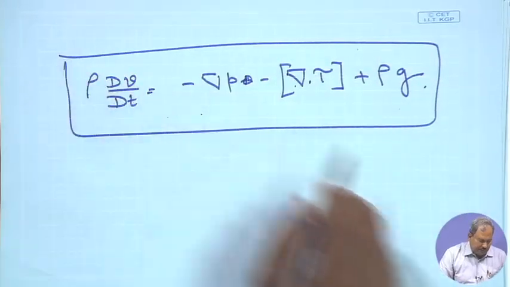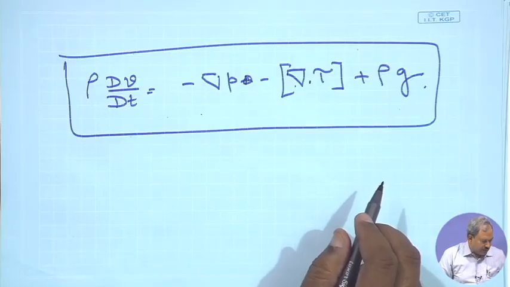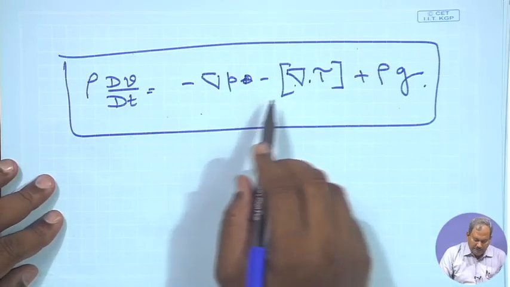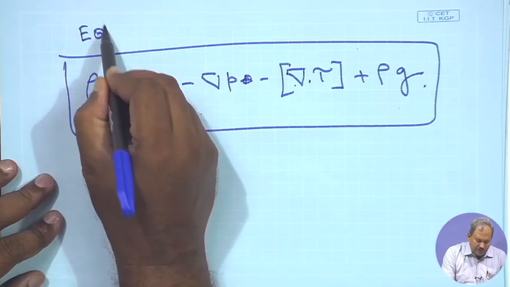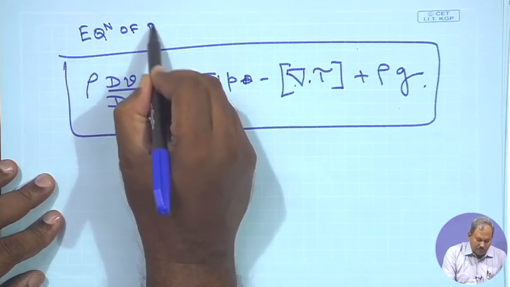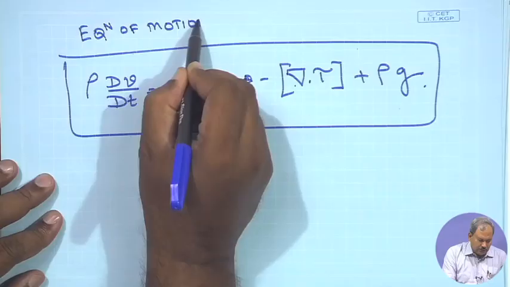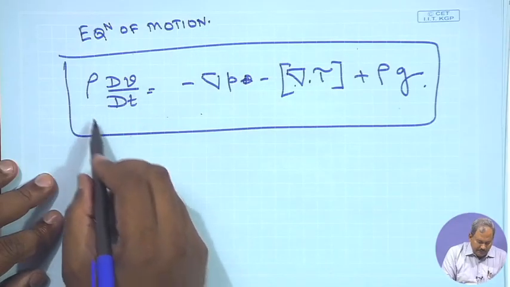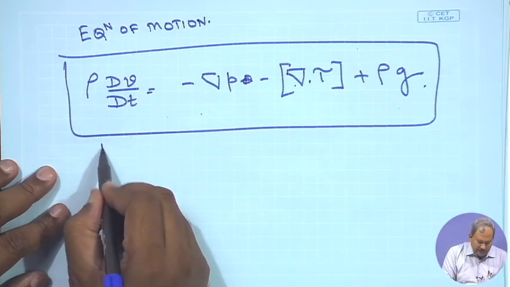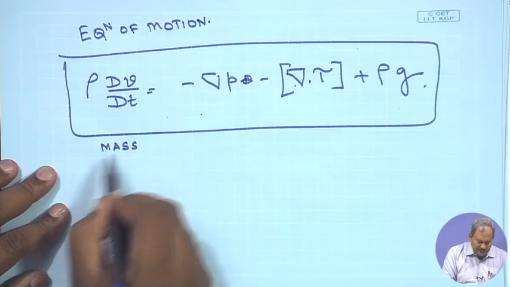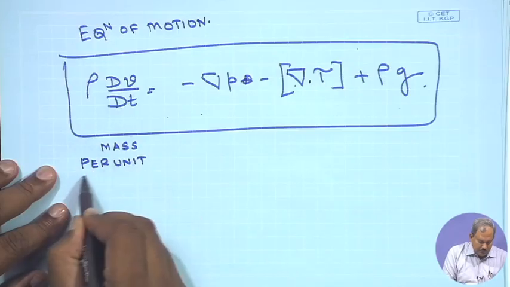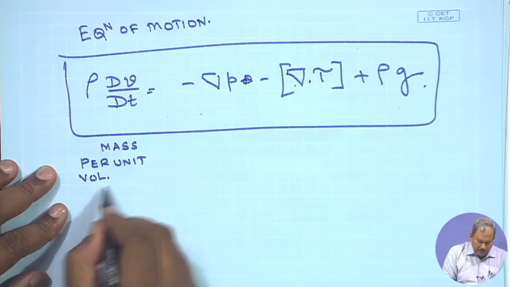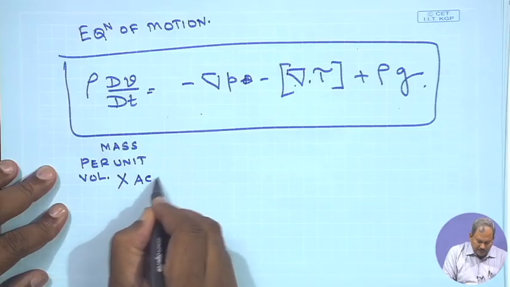This equation in vector tensor notation is essentially known as the equation of motion, where the rho times dv dt is essentially mass per unit volume times acceleration.